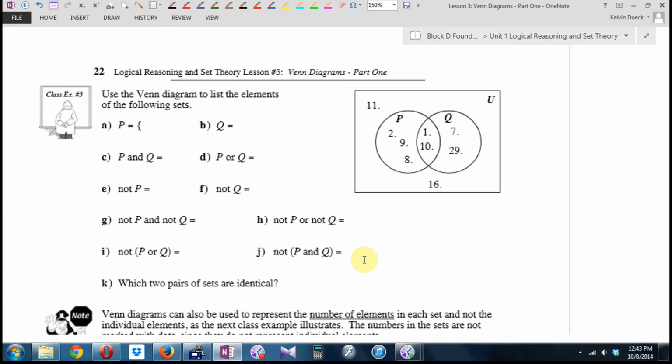I have no idea what these numbers are from, but I can see the Venn diagram. To get you started, I think set P is 1, 2, 8, 9, 10, right?